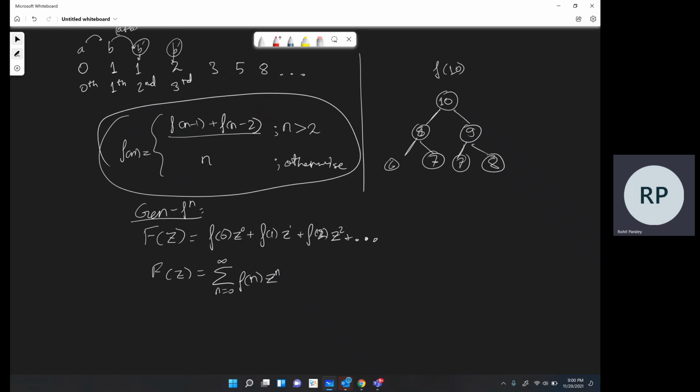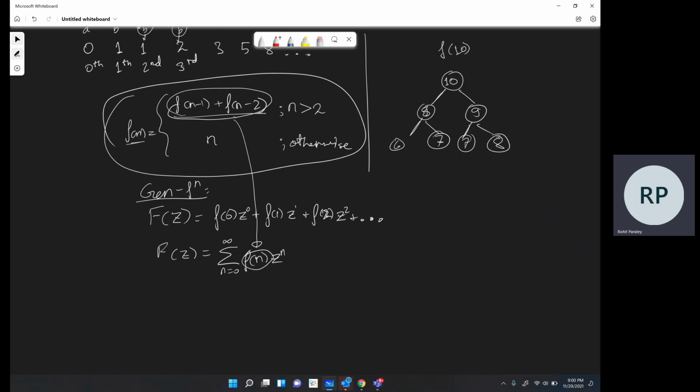We know that f of n is this stuff, right? So we can just plug this in place of f of n, and then we'll get an expression for capital F of z. And then we can solve for it, and we can get F of z in closed form first, the generating function in closed form, and from the generating function we can get the Fibonacci number as well.